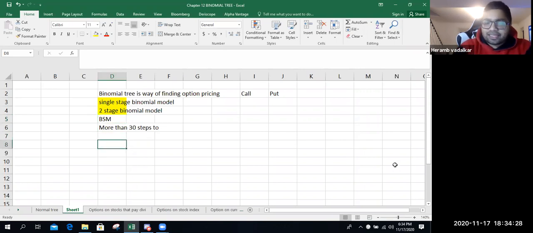Binomial tree is a tree of possibilities.